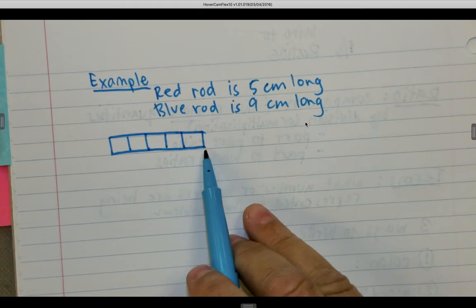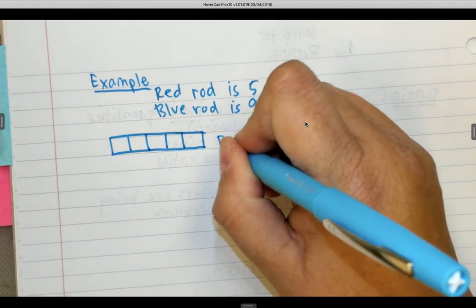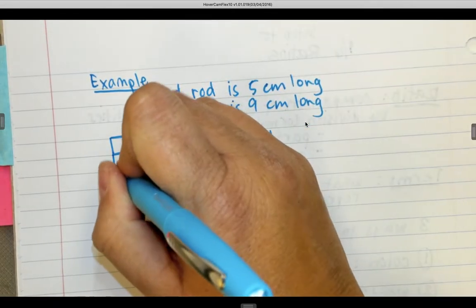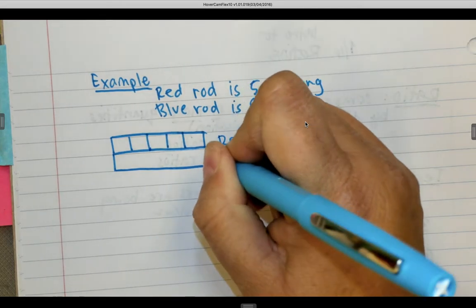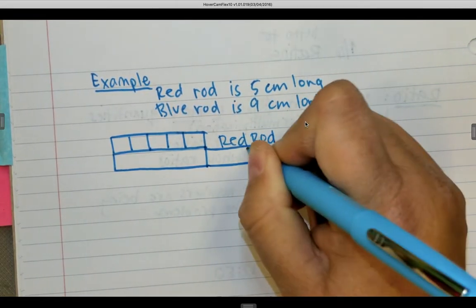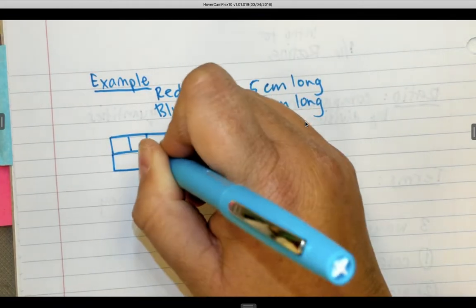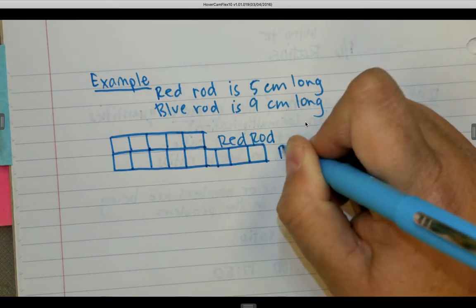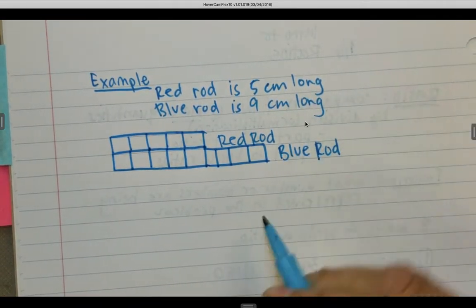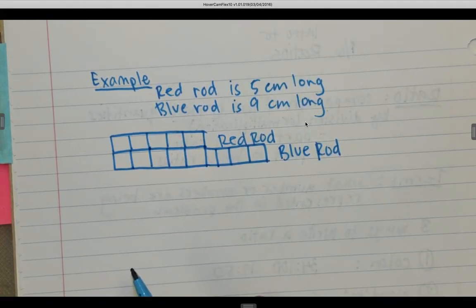Four cuts will give me 5 boxes. The blue rod has 9 boxes.